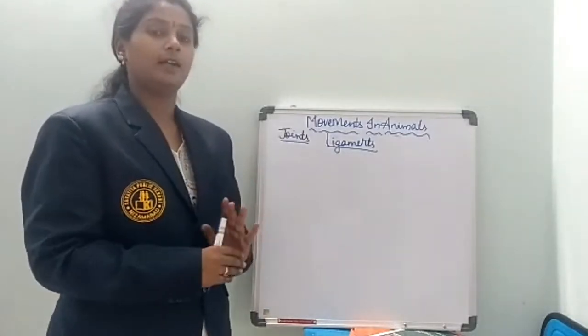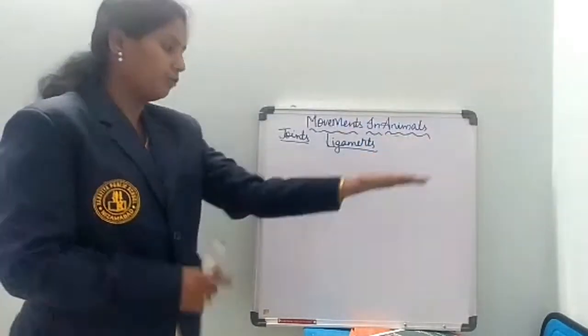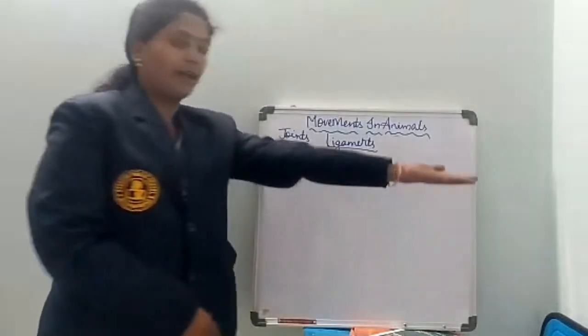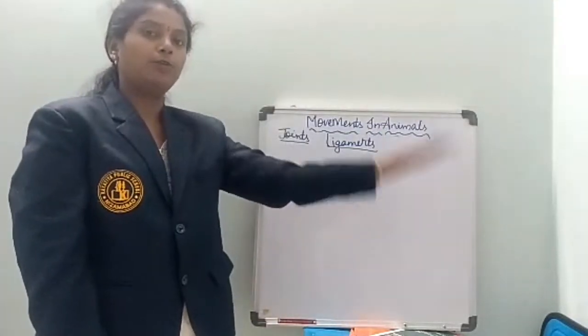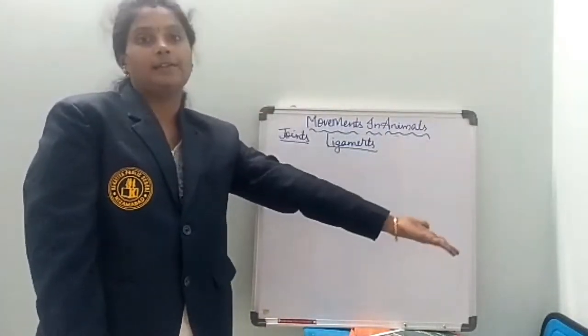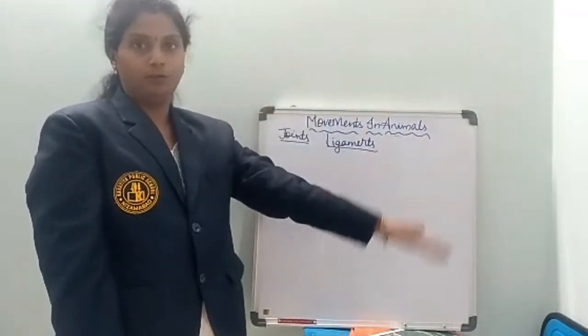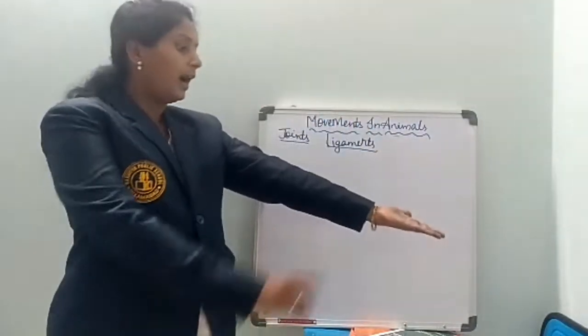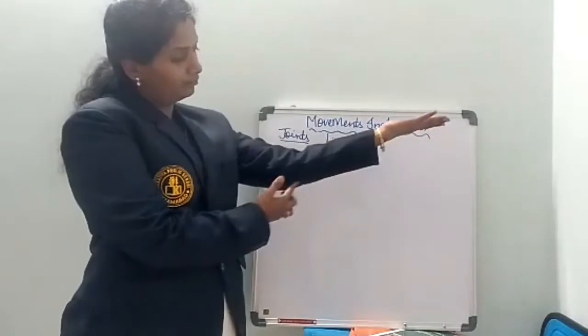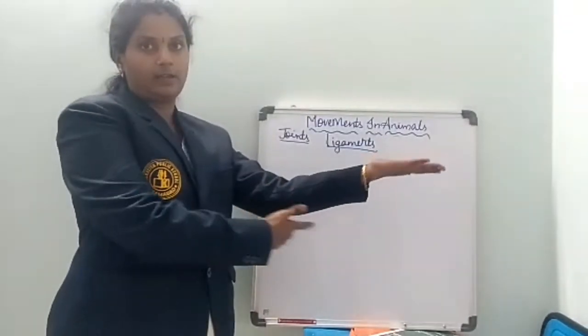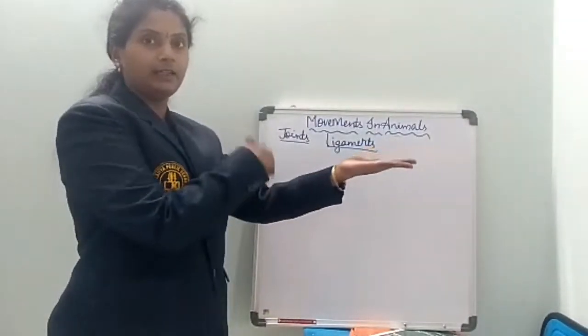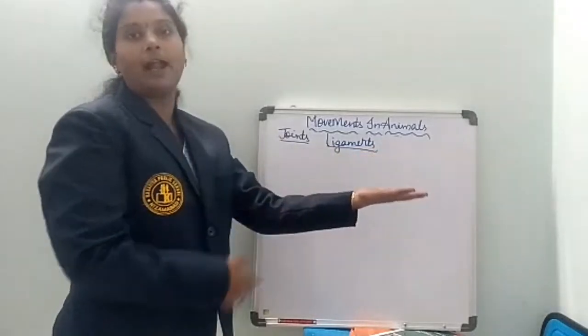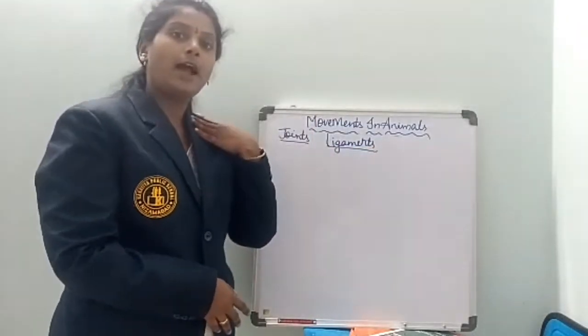To understand that, I am showing a small activity now. This is my hand and I am able to bend my hand easily, right? But if I tie a stick here, like a scale or any stick, along with my hand, can I bend my hand?